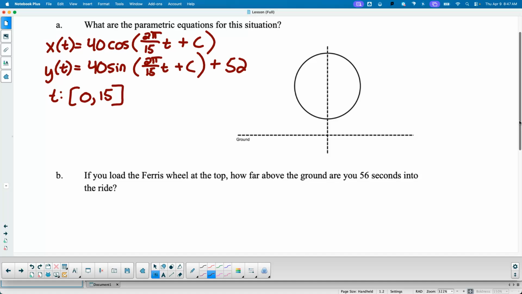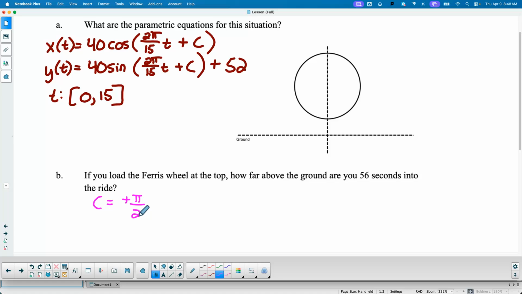I can't fill in what C is yet because C is going to change if you read parts B, C, and D. That C value is going to change with each one. But that's the basic general function there for our parametric equation. So if we load from the top, our C value here would be plus pi over 2. And so we'd have to fill that in, and then we could go about doing that.